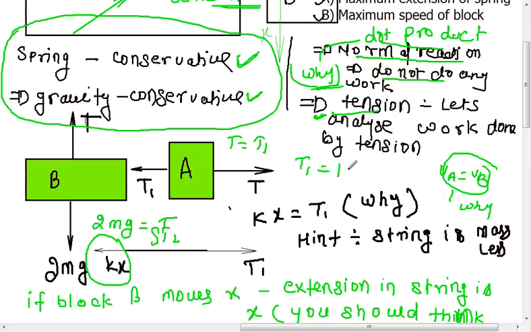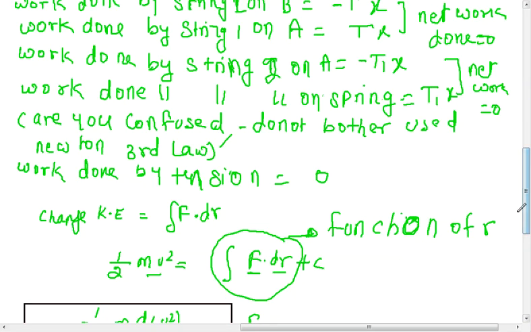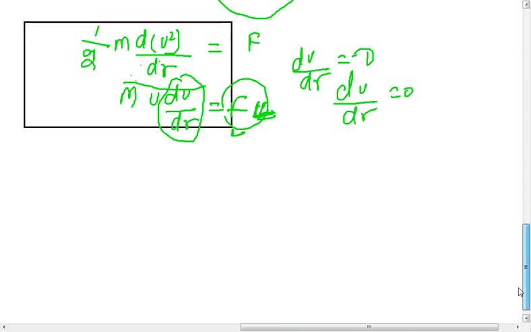So 2mg is equal to kx. So what is x? x is equal to 2mg by k.